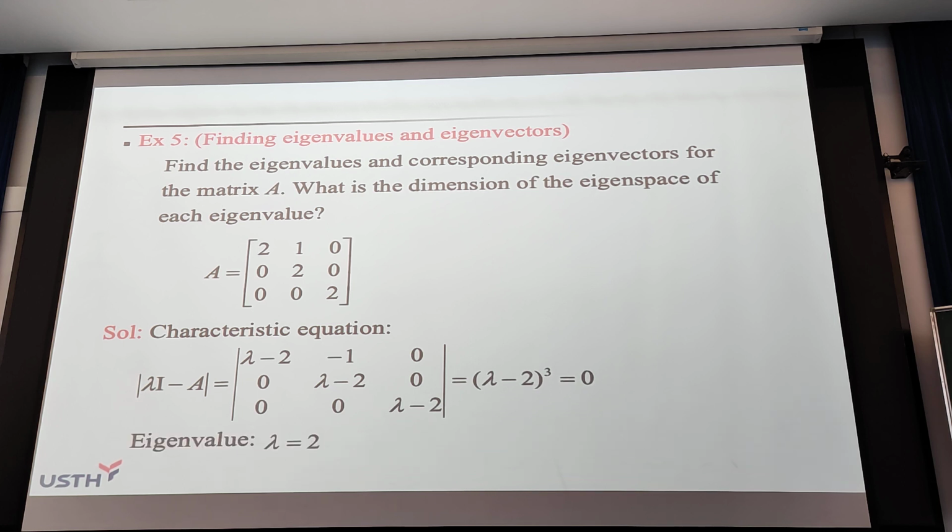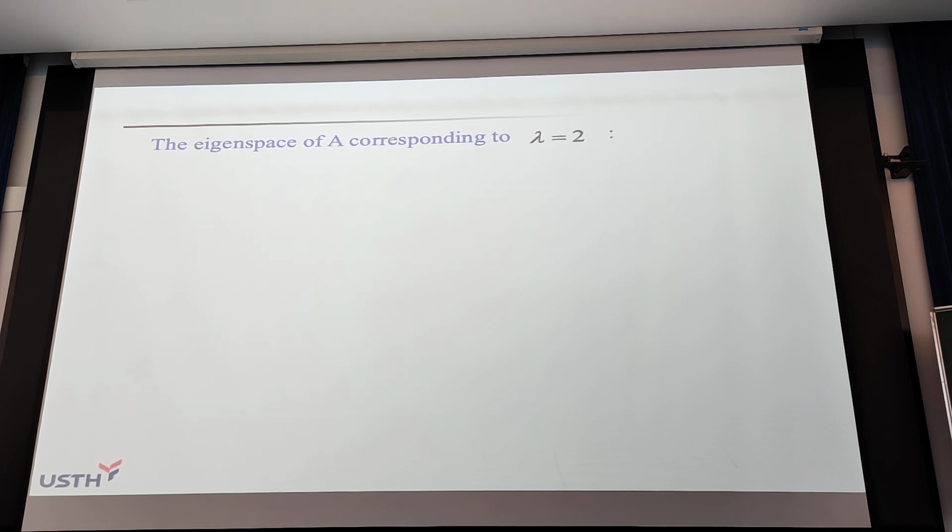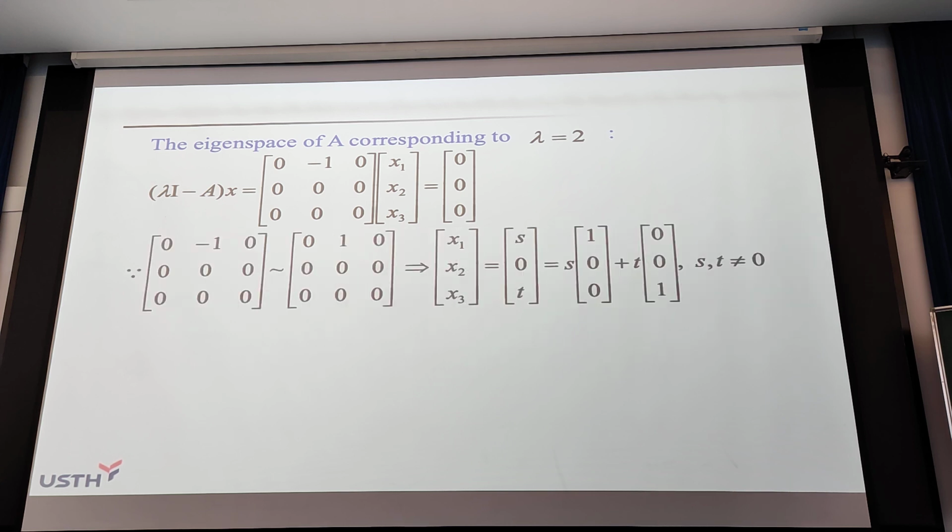Now we need to find the eigenvectors corresponding to lambda equals 2. We solve the homogeneous system of linear equations like that, and we get the solution like that.